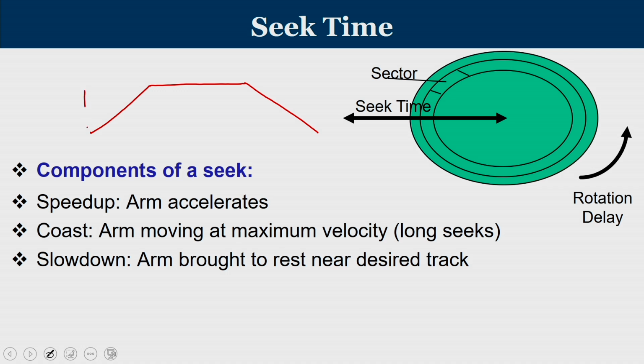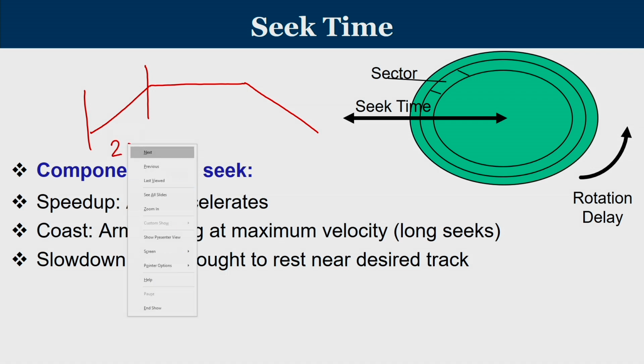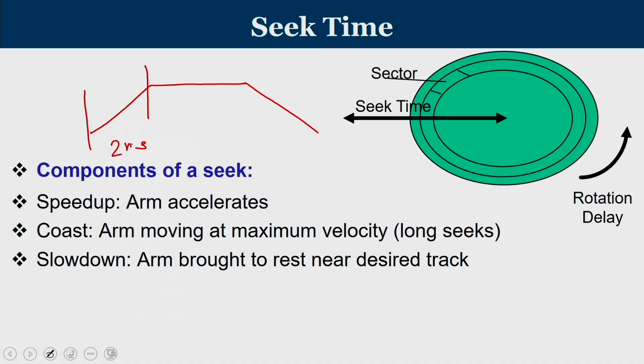So, think of a case where it requires, let us say, 2 milliseconds to move from track number 0 to track number 20, and it requires 2 milliseconds to slow down from track number 60 to track number 80, and the movement from 20 to 60 will be at a higher rate and the whole thing can be completed maybe in another 2 milliseconds.